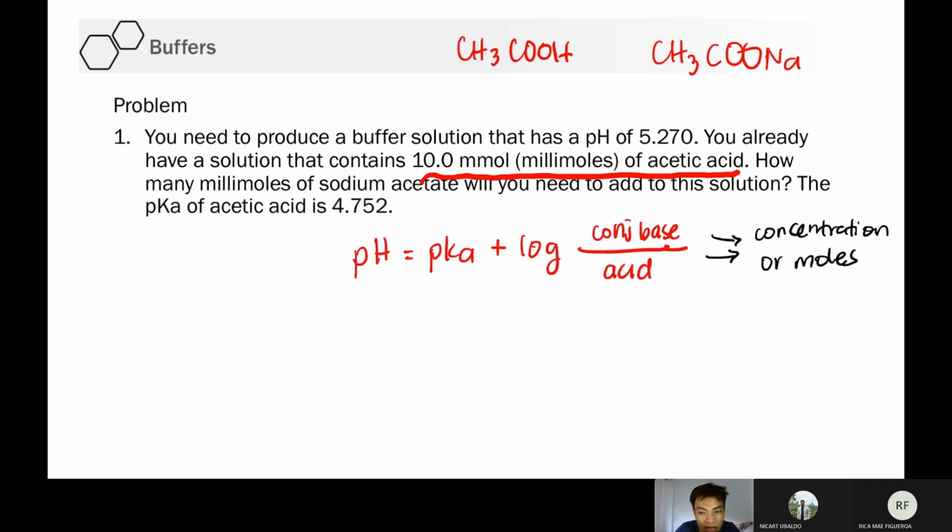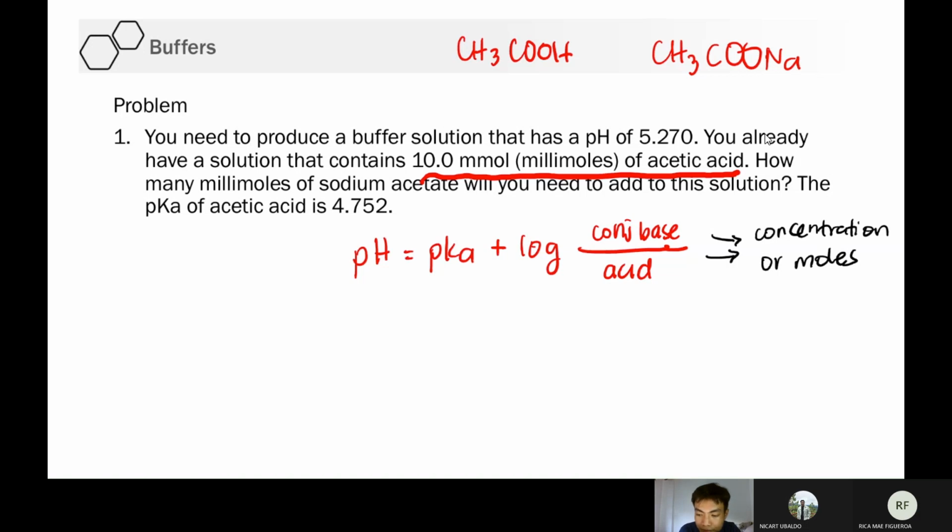Yung Na, ion yan, so mawawala yan. You will be left with CH3COO minus lang. So, still the conjugate base. So, yung gagawin nyo kapag kunwari given is yung formula, yung cation ninyo, tanggalin nyo lang yan. Yung metal, tanggalin nyo. Whatever is left, yun yung inyong conjugate, conjugate base or conjugate acid.